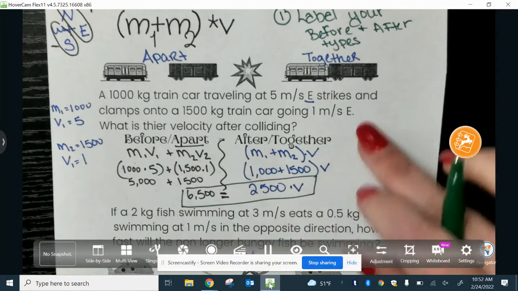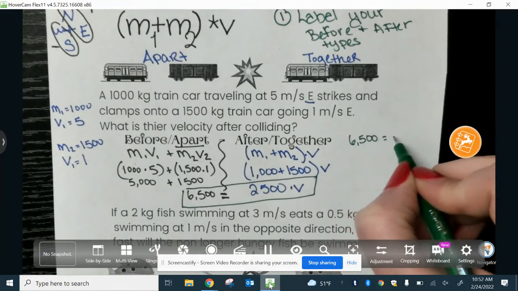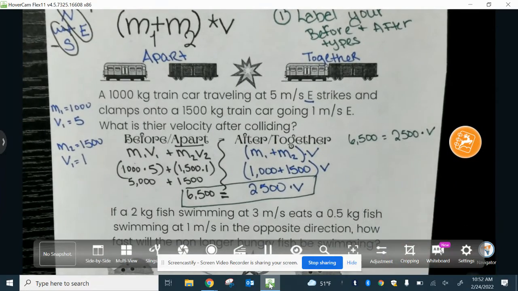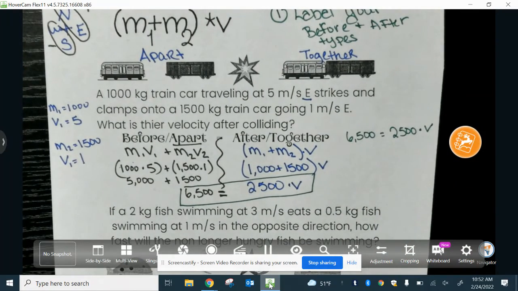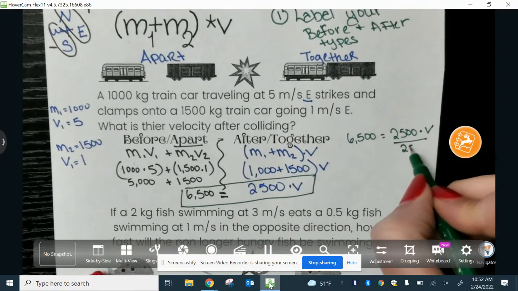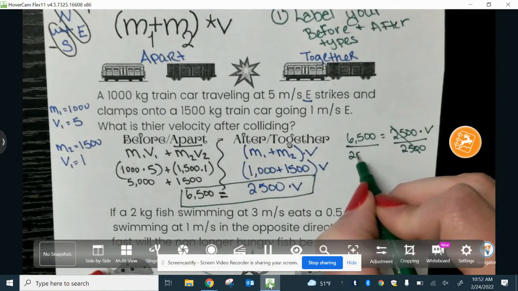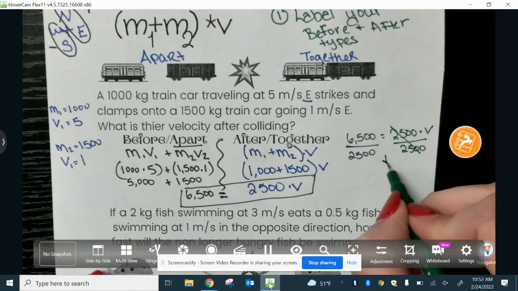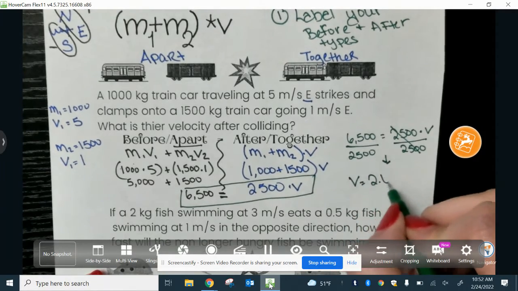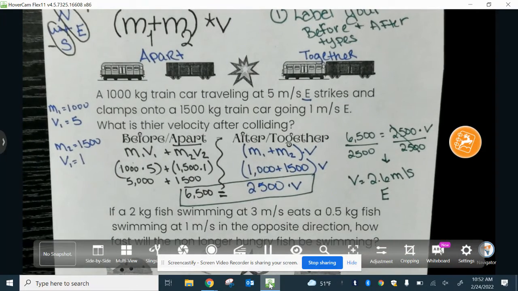So I'm going to move my equation up here. What can I do to get V by itself? Divide. East.